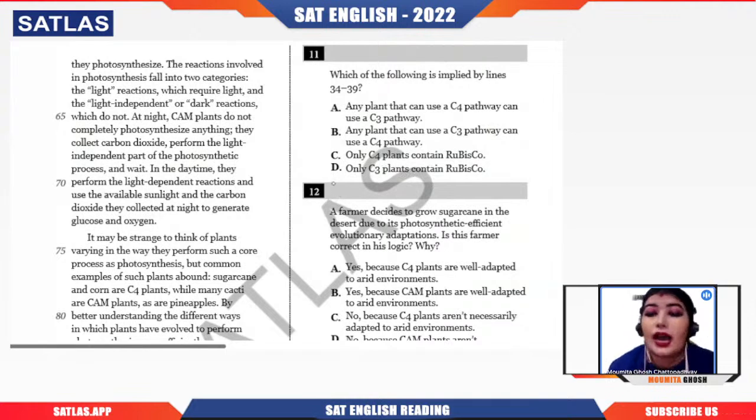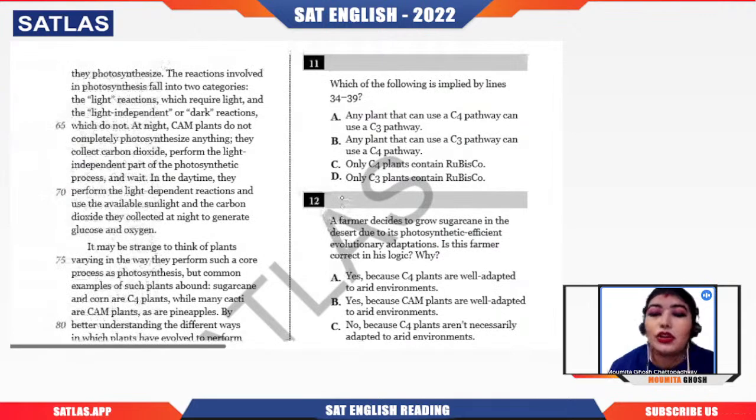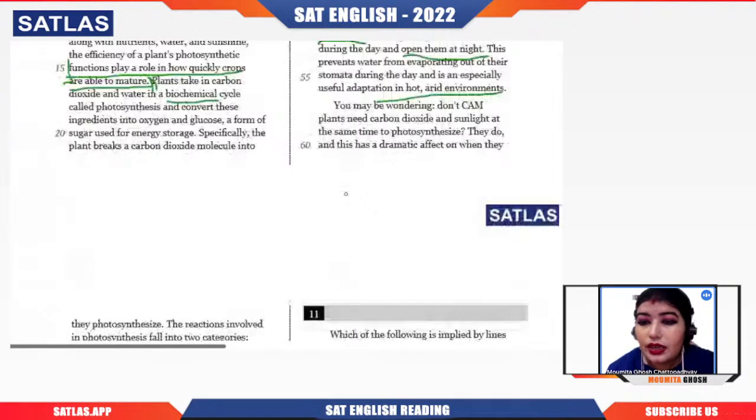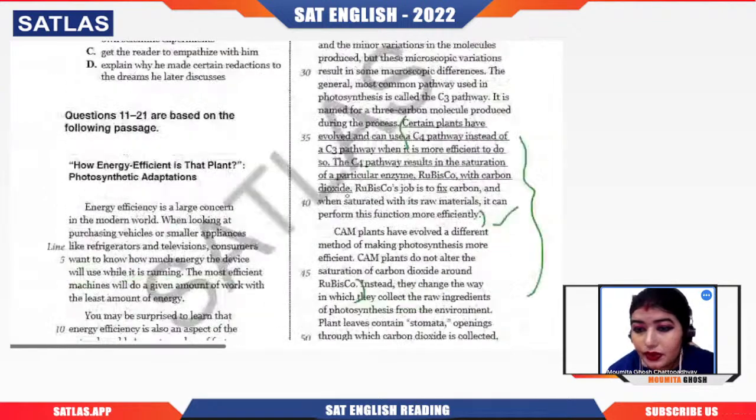And number D, only C3 plants contain rubisco. So let us scroll up to lines 34 to 40, from certain plants up till perform this function more efficiently. Please go through these lines and try to answer in the comment box. Everyone, please actively participate in the question and answer round.